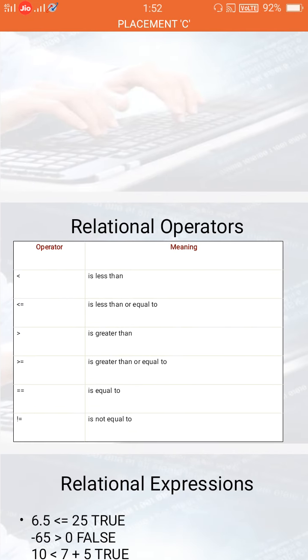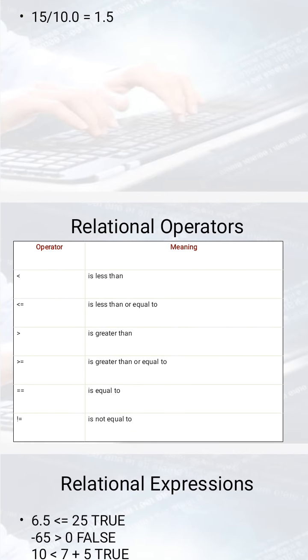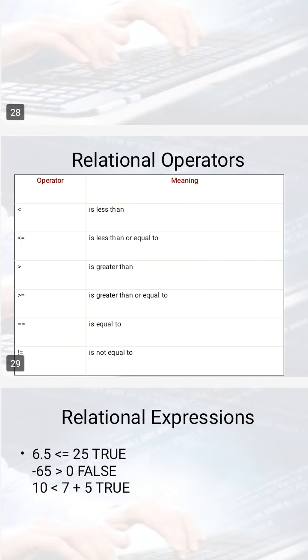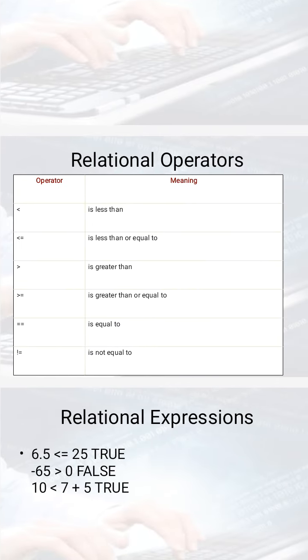Next, another operator is relational operators. Relational operators are used to specify the relation between the two operands. The relational operators are less than, less than or equal to, greater than, greater than or equal to, equal to, not equal to.